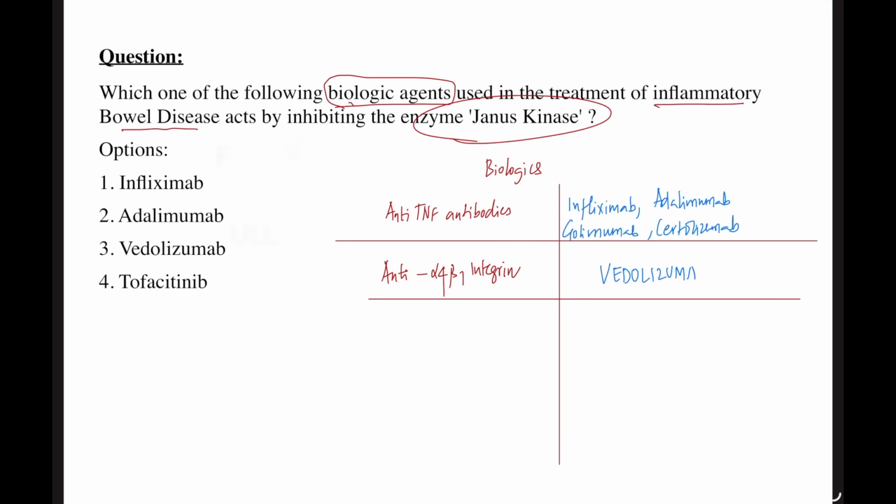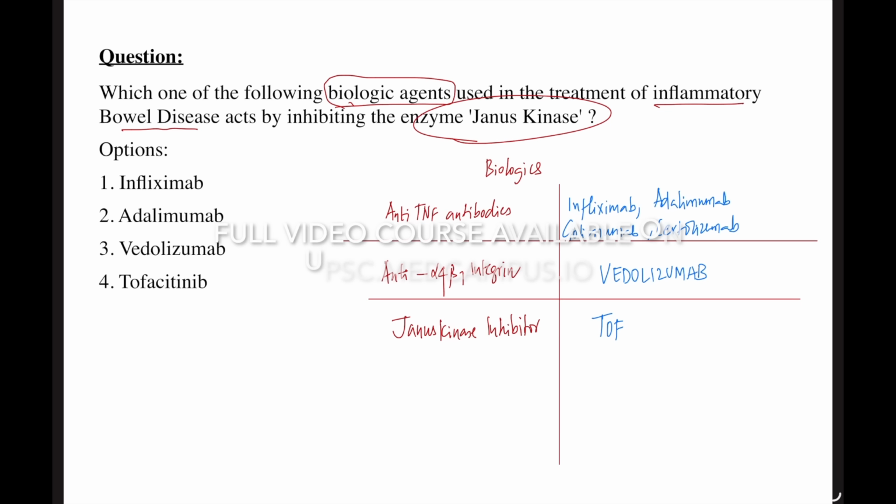Very important, because they have asked this time about Janus kinase inhibitor, which is our next category. The drug here in the Janus kinase inhibitor category is our answer for this question, that is tofacitinib. Okay, I'm highlighting this. So here you have to focus. We have anti-TNF antibodies, anti-alpha 4 beta 7 integrins, and Janus kinase inhibitors.